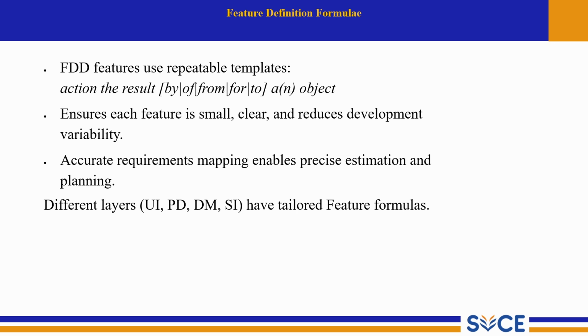This means whether it's user interface, process design, database or system integration, each layer uses a customized feature template for clarity. So these formulas keep features small, clear and easy to estimate.